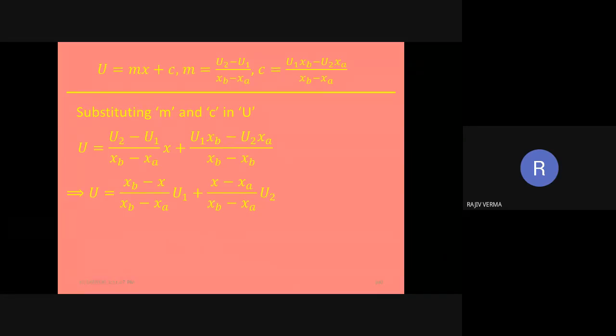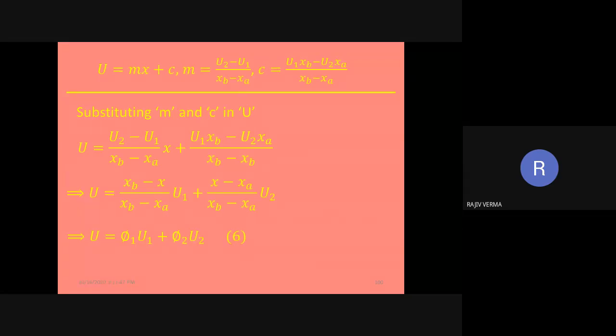So the expression is (xb minus x) divided by (xb minus xa) into u1 plus (x minus xa) divided by (xb minus xa) into u2, which can also be written as equation number 6: u is equal to phi1 u1 plus phi2 u2.